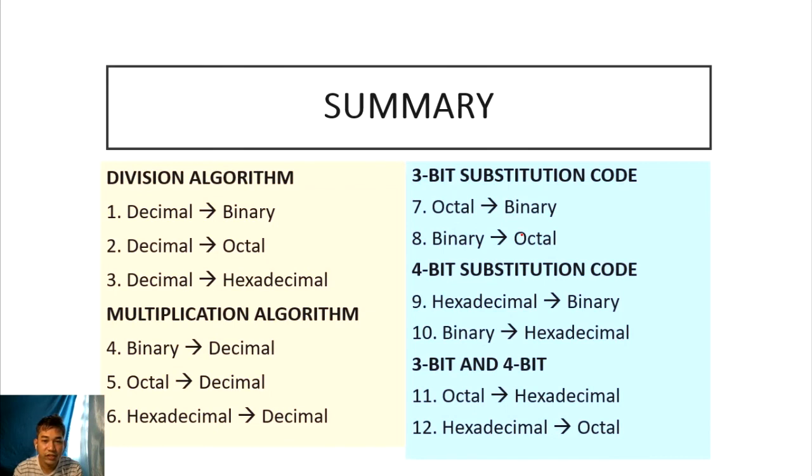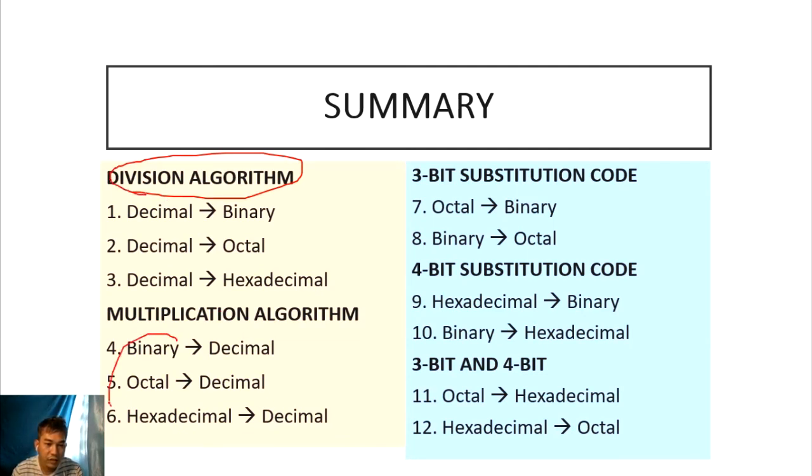So that's all for the conversions, the techniques we will use when converting one number system to another. As a summary, to help you recognize which algorithms and methods to use: if you are converting from a decimal number to any number system, binary, octal, or hexadecimal, you will use the division algorithm.